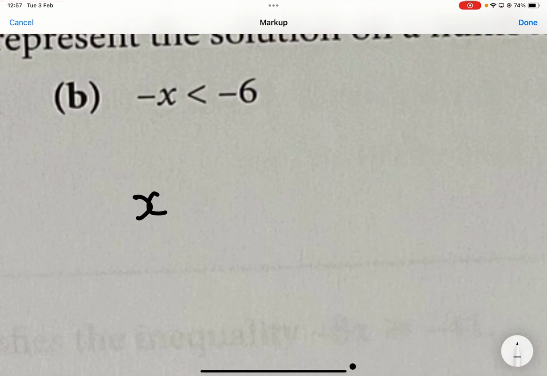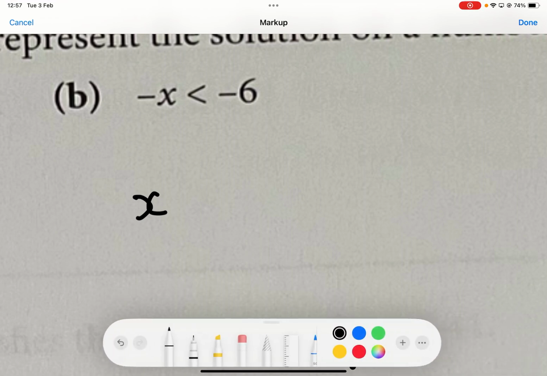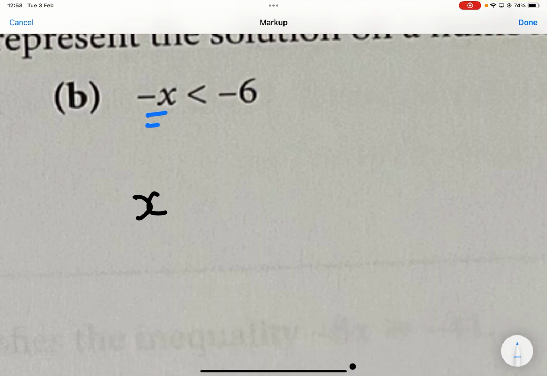I need to either divide my left by a negative 1 or multiply my left by a negative 1, because I want to cancel away the negative. Okay? So if I see it as divide, I divide this side by negative 1, I must divide the right side by negative 1 also. Just like an equation. Okay?